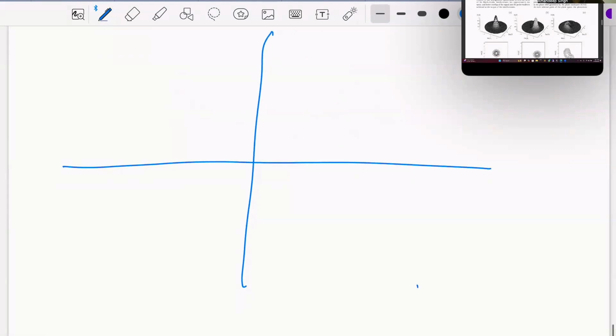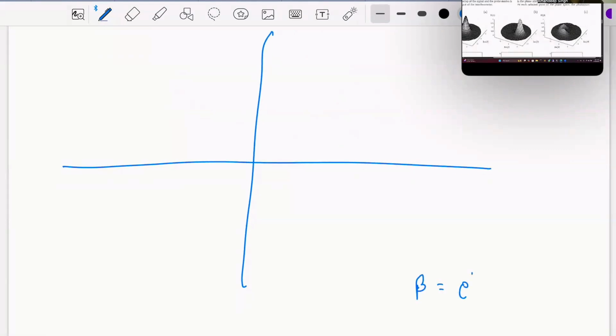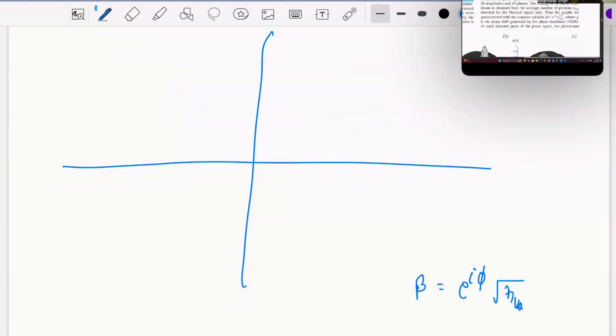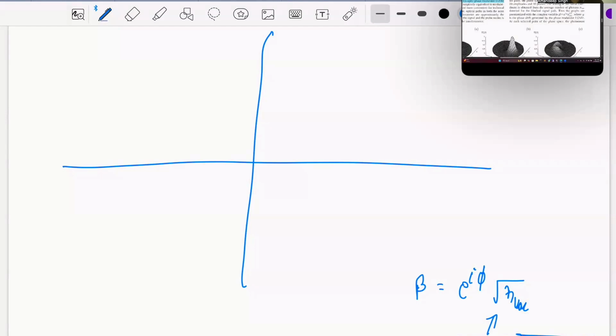This beta is e to the i phi times the root of n bar, or basically, this is the root of the probe intensity. So when Kalab explains the experimental setup, he will go into much more depth on this. But let me just summarize what this first graph is doing.